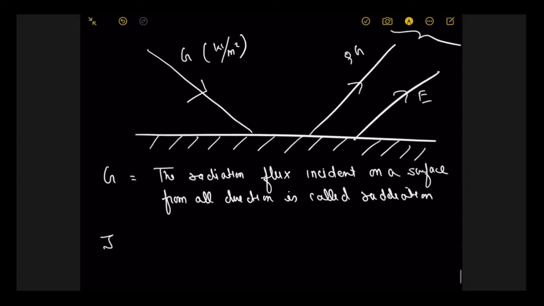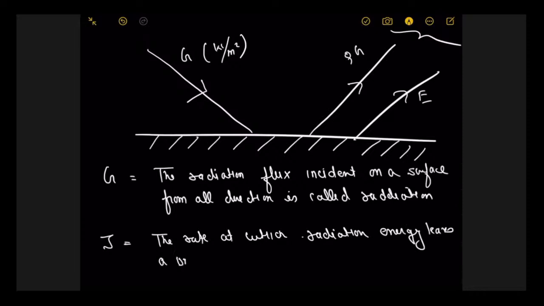And J equals the rate at which radiation energy leaves a unit area of a surface in all directions.